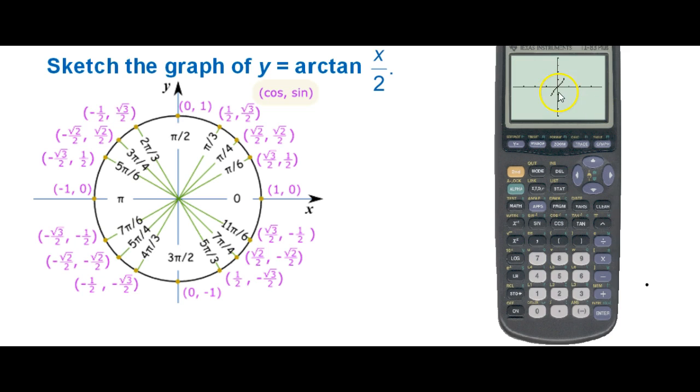And as you can see, it just fills up this part of the graph. Its domain there is only going from negative pi over 2 to positive pi over 2. So that's what your sine or arc sine of x is going to look like.